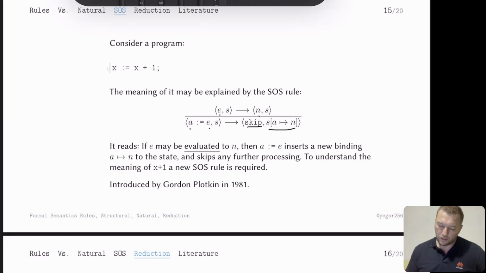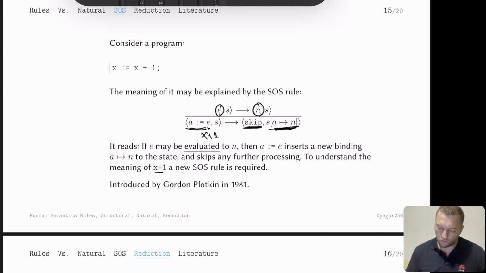It reads, if E may be evaluated to N, then A equals E inserts a new binding, A to N, into the state and skips any further processing. To understand the meaning of X plus 1, a new rule is required. So we don't know how to jump from E to N, because in this case E will be X plus 1.